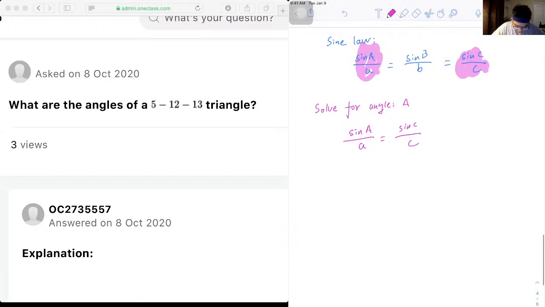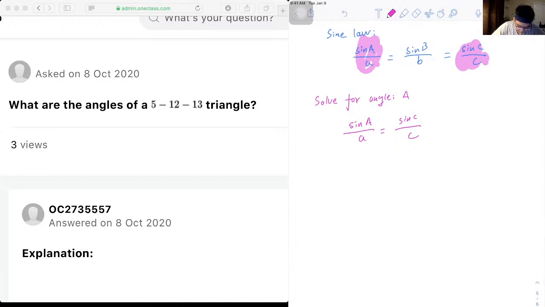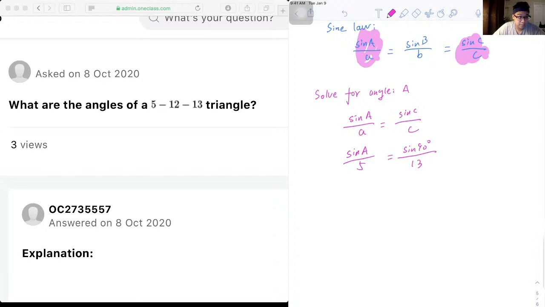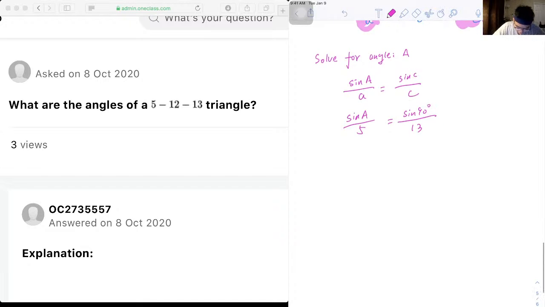And then we can substitute the values for A and C, which is sine A over 5. And sine C, we know C is 90 degrees, so sine 90 over C, where C is the hypotenuse, which is 13 in this question. And I'm going to do this by cross multiplying. Okay, so we will have 13 times sine A is equal to 5 times sine 90.